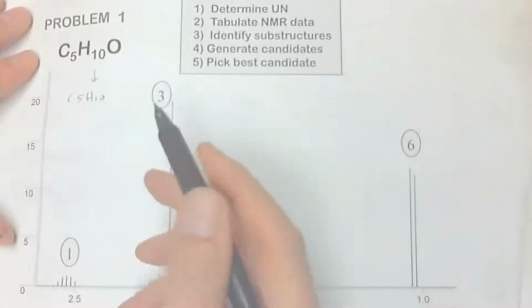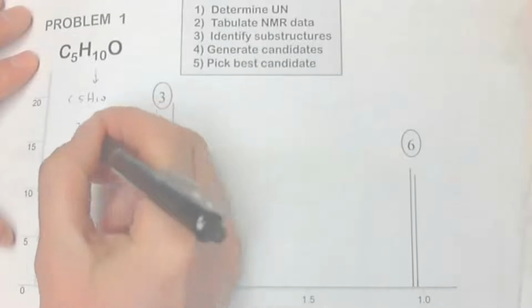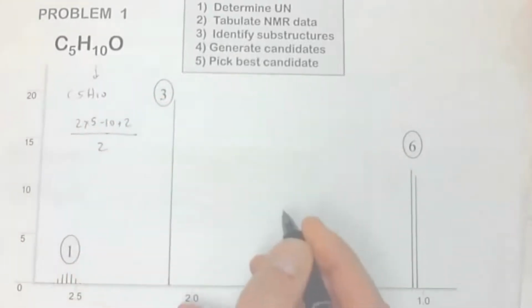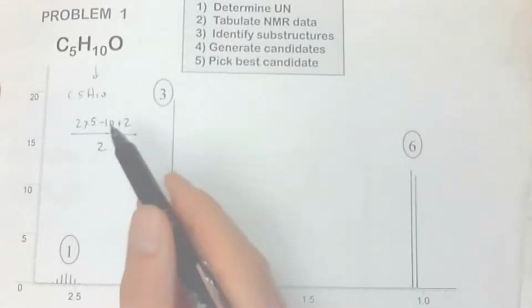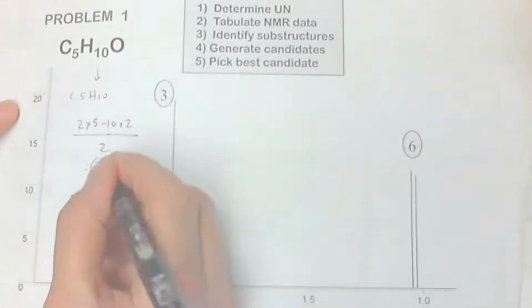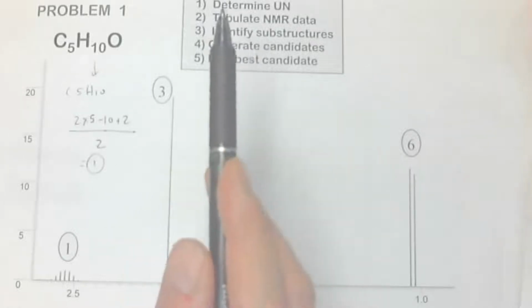Then remember it's 2 times 5 minus 10 plus 2 over 2. 10 minus 10 is 0. 2 over 2 is 1. Very important, this is the key to this problem, this little bit of information, okay? So we determined UN.